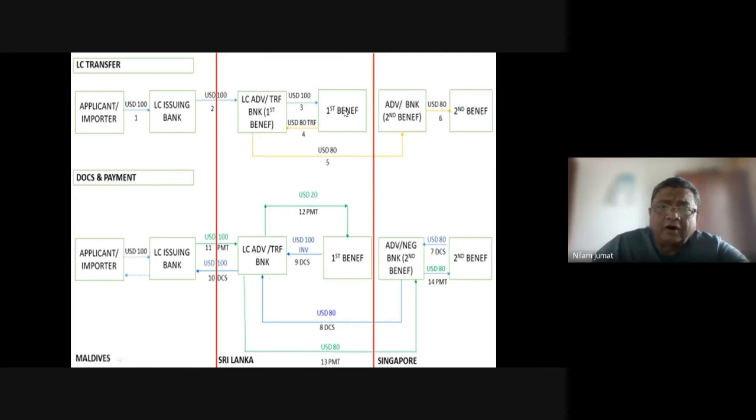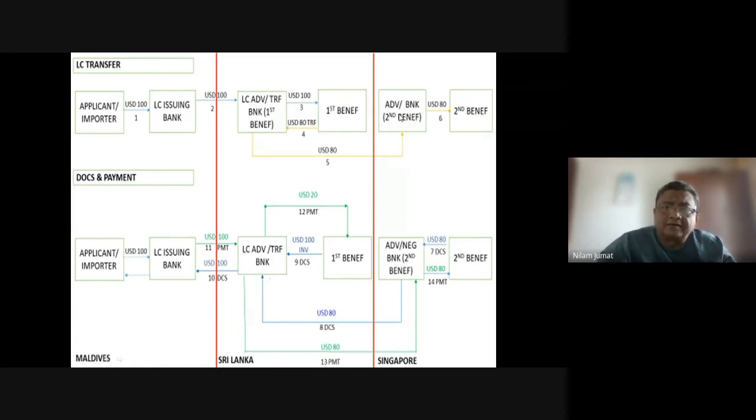Okay. Now, Banda has to get the ACs from Ching. It's a transferable LC. What Banda will say is, he will tell People's Bank, please transfer this LC to Mr. Ching in Singapore, with Standard Chartered in Singapore.